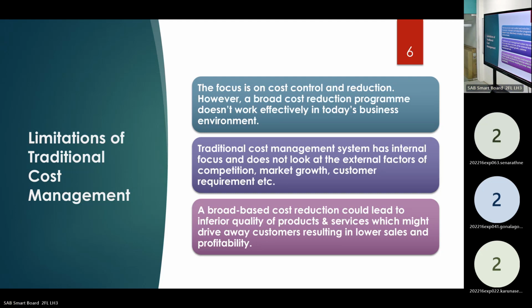Right? We are focusing on the cost reduction, cost reduction. So it may not be applicable for most of the products nowadays. Traditional cost management system has internal focus, does not look into external factors, competition, market growth, customer requirement, those aspects, right?